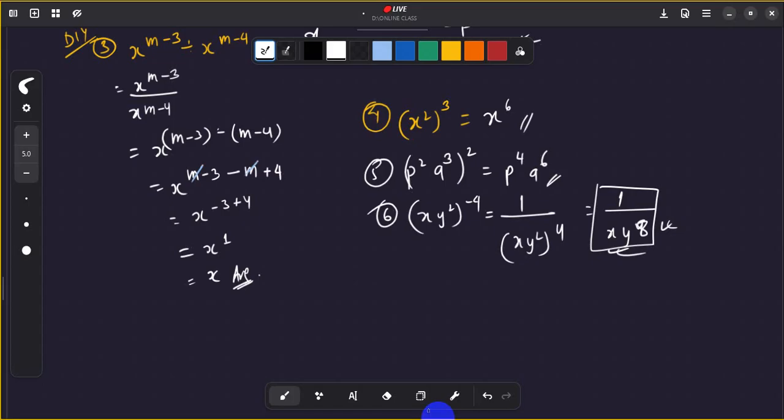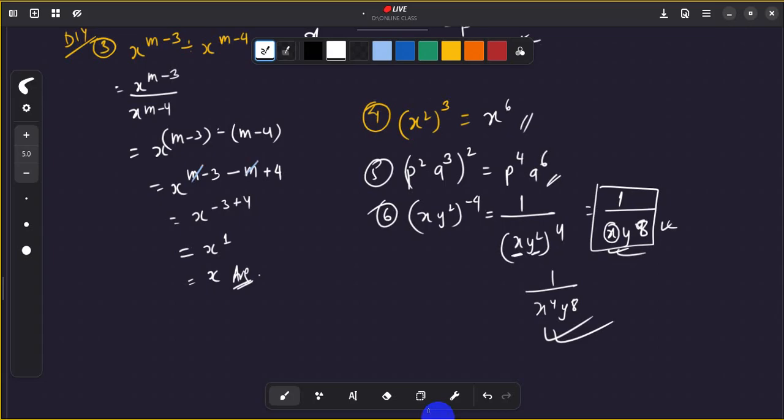What is your opinion? I think it's 1 by x to the power 4 y to the power 8. Right, this one is correct. I guess you forgot to put the power on x. This 4 is the common power for both x and y square.